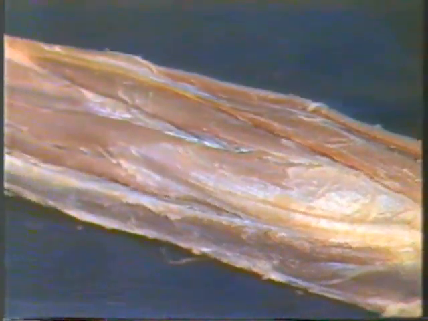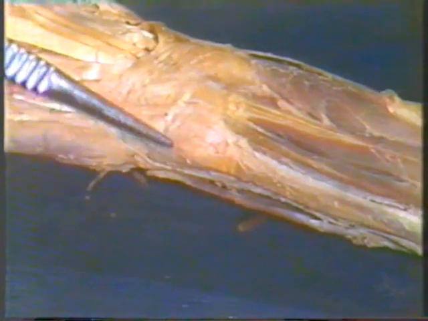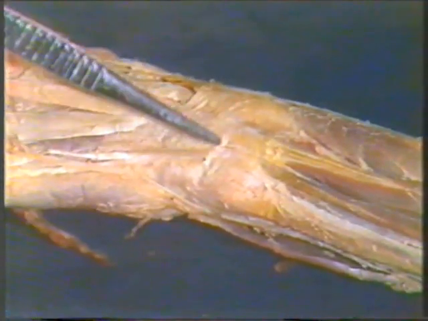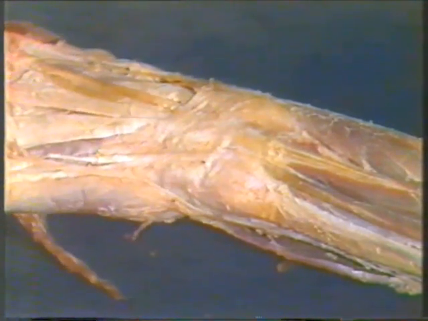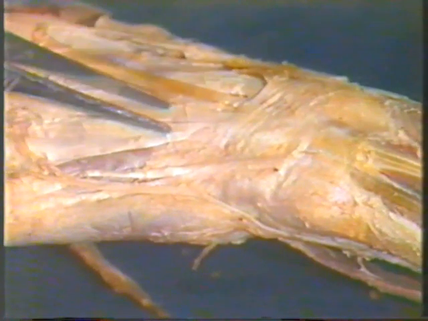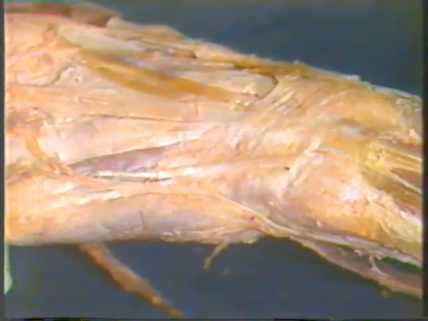This is the extensor retinaculum. It extends across the back of the wrist and holds the tendons of the extensor muscles within the 6 compartments deep to it.